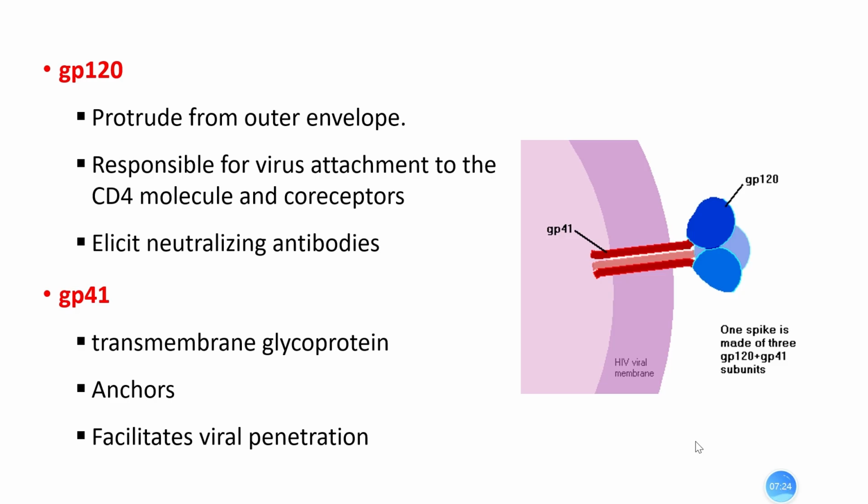So that membrane fusion facilitates the penetration of the core into the host cell. So this facilitates the viral penetration. Later, I'll play a short video on this, how they work together, how they bind to the host cell receptor, and how the GP41 protein changes its conformation to initiate the penetration. Let me show you the video later. These are the two major spike proteins.